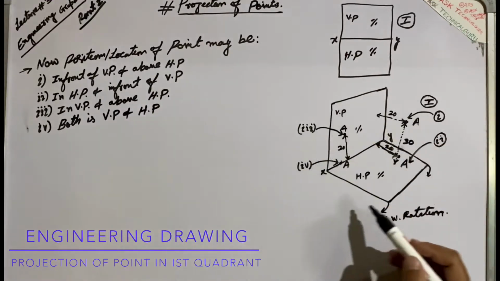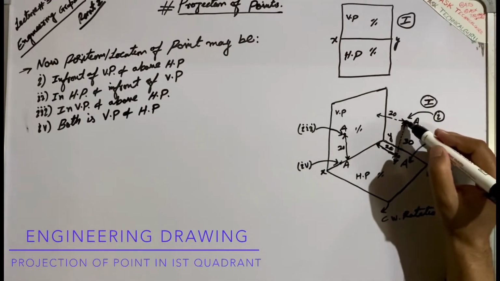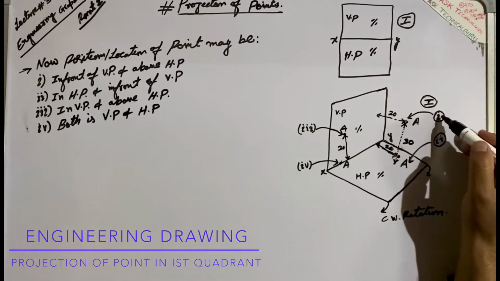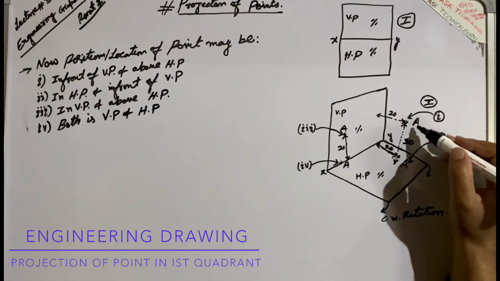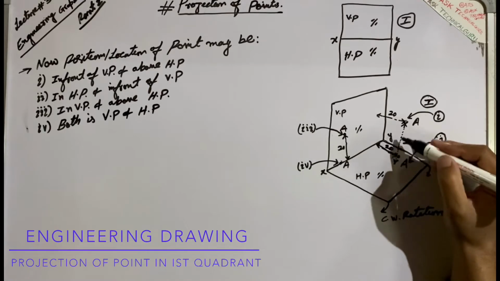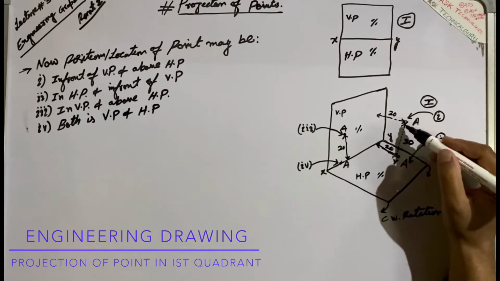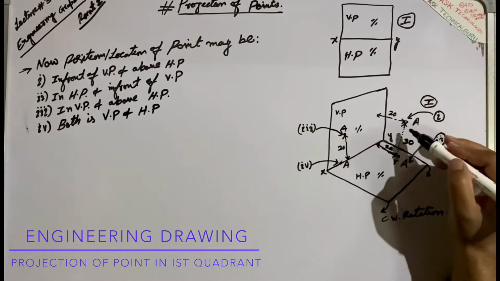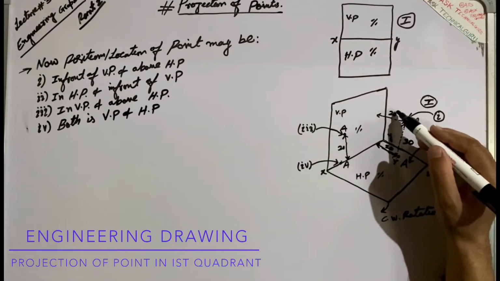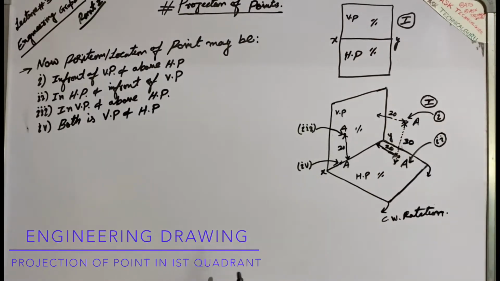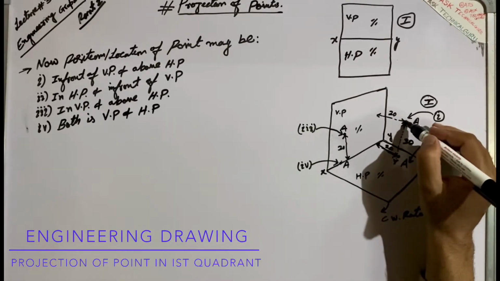In this pictorial view, the point is here, point A. This is condition number 1, where point A is above the horizontal plane. We have assumed it is 30 mm above the horizontal plane and in front of the vertical plane by an assumed distance of 20 mm. So this is the first condition.